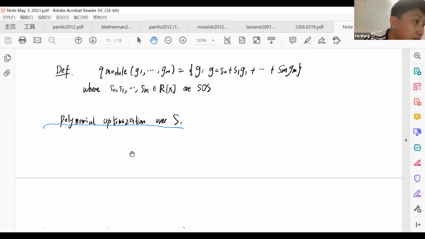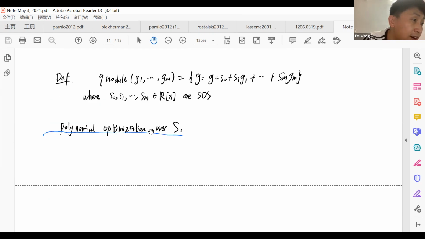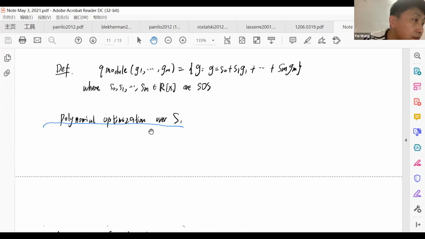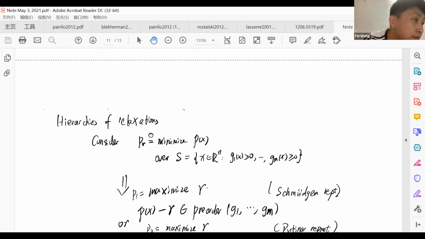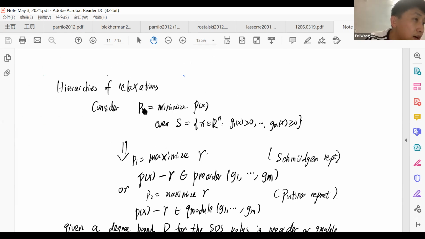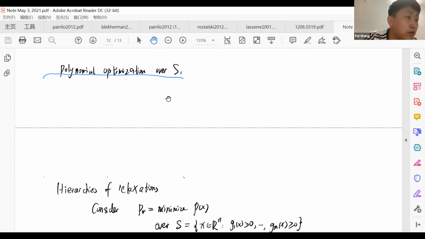Now let's study this polynomial optimization over S. We consider this problem. We want to solve this polynomial optimization over set S by a hierarchy of relaxations.